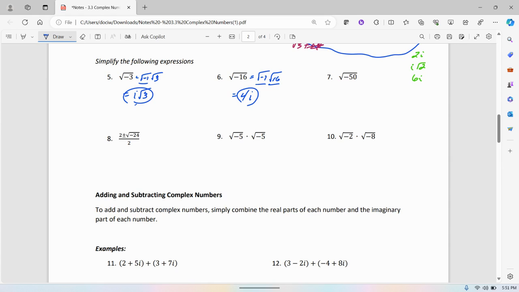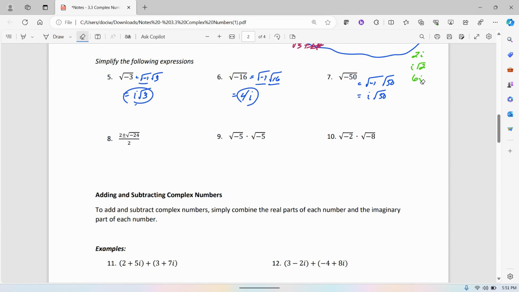Okay. Now number 7 is the square root of negative 1 times the square root of 50. The square root of negative 1 is i, and we have the square root of 50. But don't forget that the square root of 50 can also be factored, where one of the factors is a perfect square.